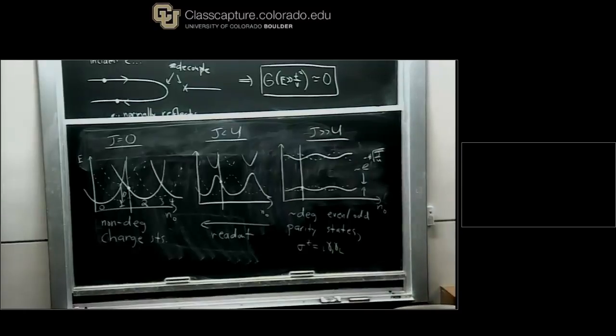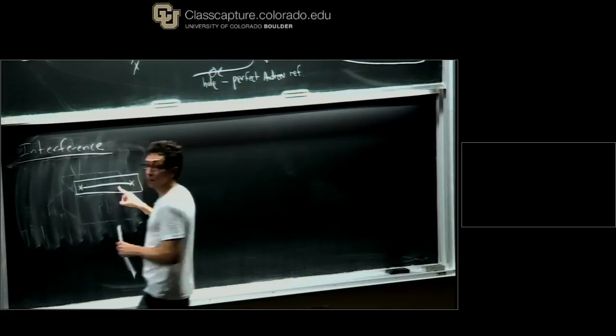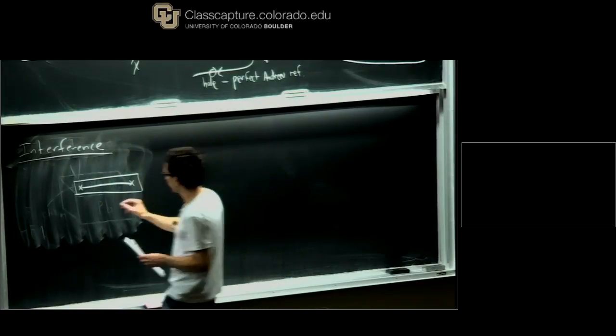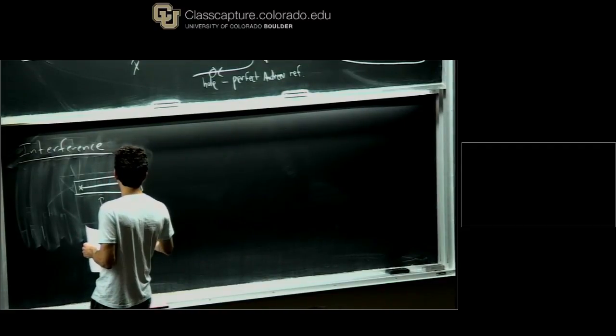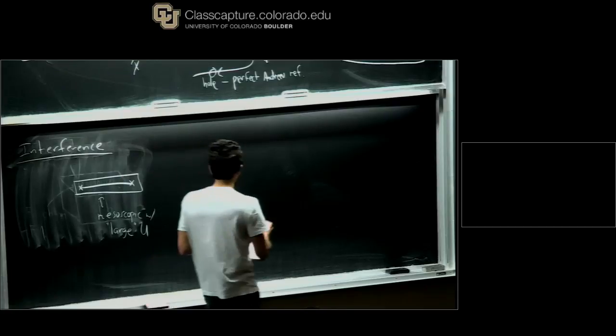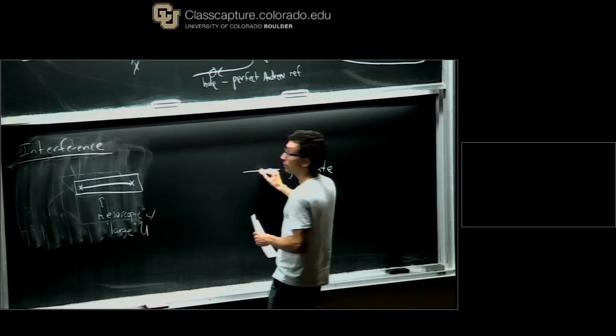All right, so let me quickly say something about interference. I'm once again going to take a mesoscopic topological superconductor, and I'm going to assume that it's in the regime where you have a large U. Okay, so that means that I have a unique ground state, and I'm going to assume that my system starts in that unique ground state.